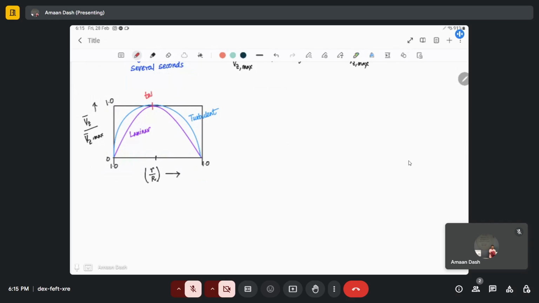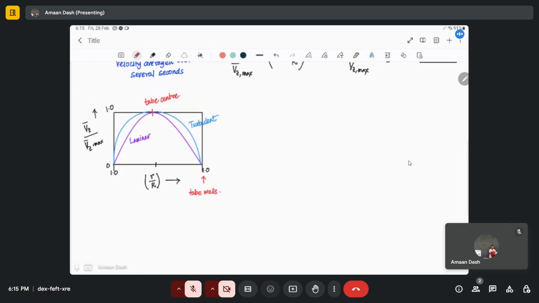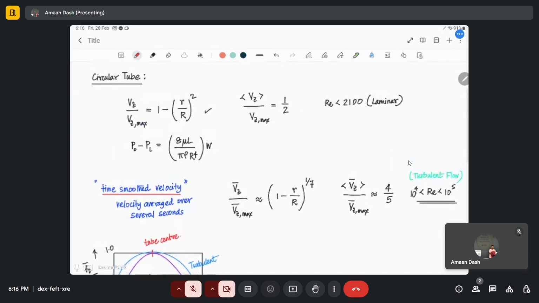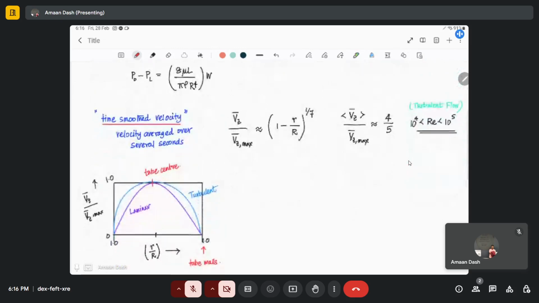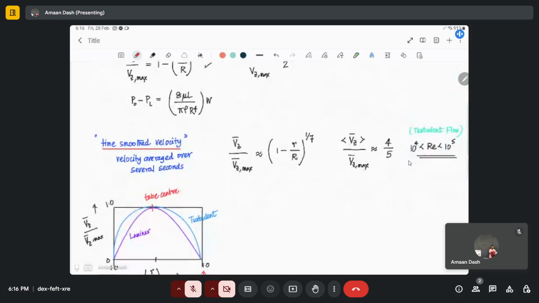This is the tube center. And this one will represent the tube walls. So you can see how the two distributions are quite different. So you can see both laminar and turbulent flow can be quite different.